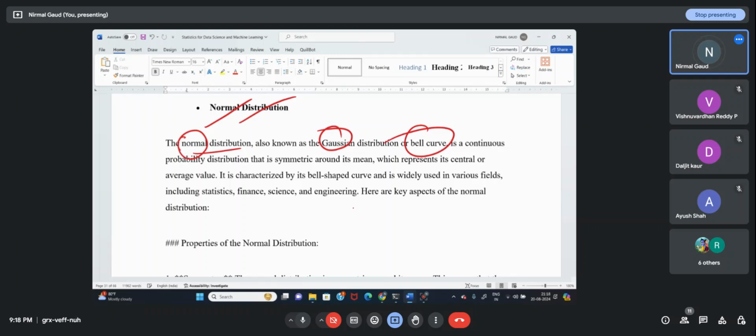Bell curve, continuous probability distribution, symmetrical around mean, which represents its center or the average value. Bell shaped curve, it is widely used in various fields. I already told you why it is important: statistics, finance, science, engineering. Because mostly in these fields you are getting continuous data, not discrete data. Discrete is limited, but the scope of continuous is more. It's high scope.